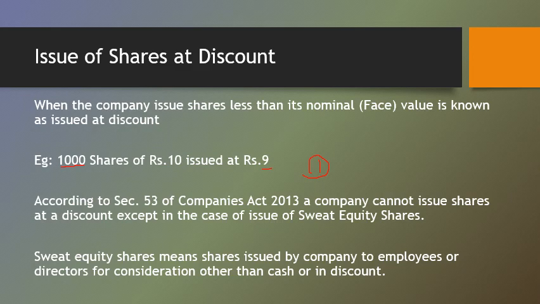But according to Section 53 of the Companies Act 2013, as per the new revision, a company cannot issue shares at a discount except in the case of sweat equity shares. What do you mean by sweat equity shares?